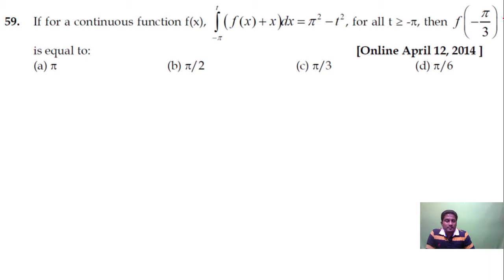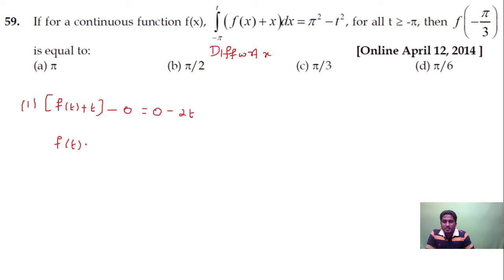Okay, this is two steps. If I differentiate with respect to x, you get it in 2 steps, guys. Use Leibniz rule, differentiate the upper limit, you get 1. In place of t you put the upper limit, you get f of t plus t. Differentiation of the lower limit is 0 because it is constant. Pi is a constant, 0. Differentiation of t square is 2t.